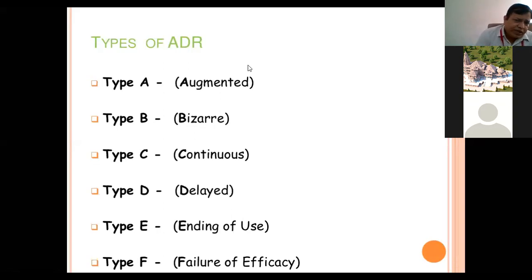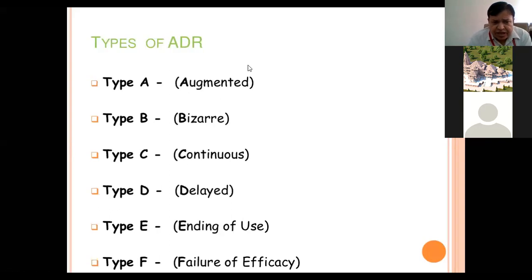And type B is bizarre, that is unpredictable adverse reaction. Type C is continuous type. Type D, that is delayed. Type E, that is ending of use, we can say withdrawal symptoms.